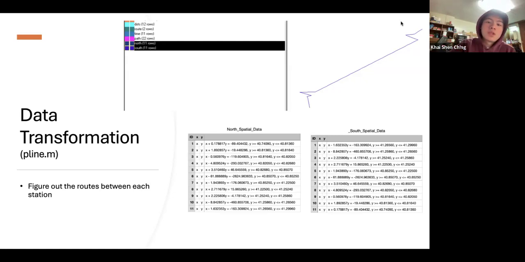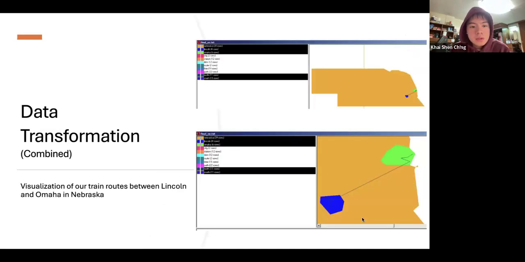As you can see, we have two tables down, the north and the south spatial data, and you can see the route on top. So that ends our data transformation there.